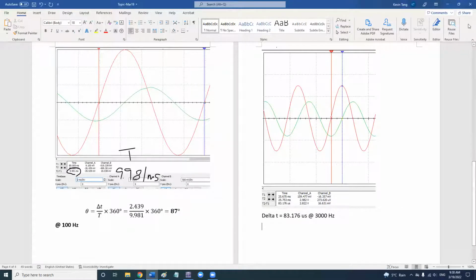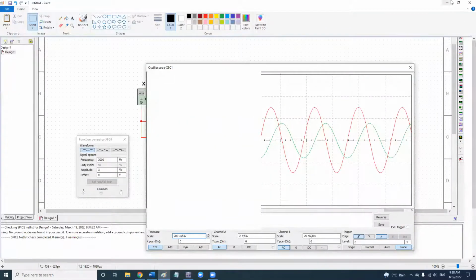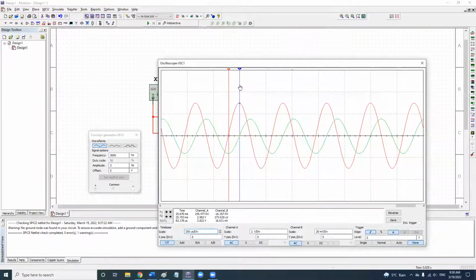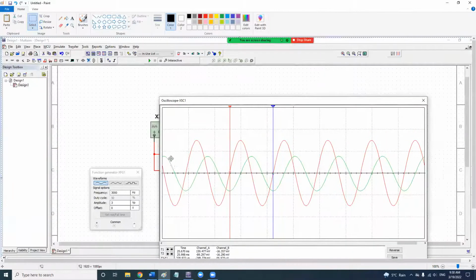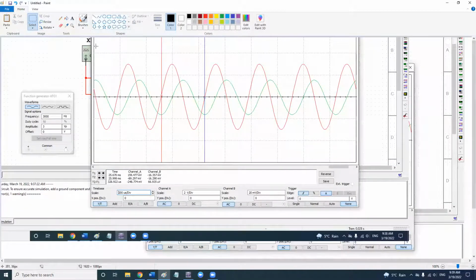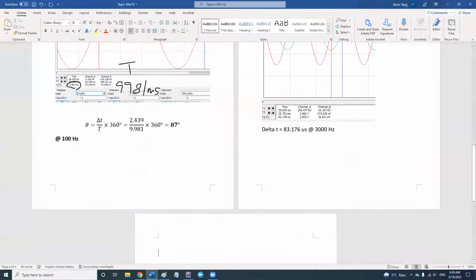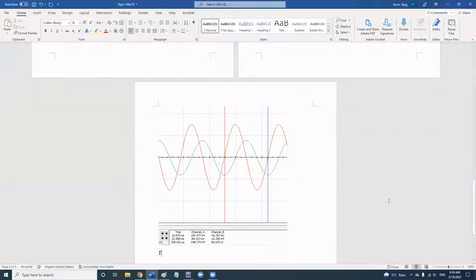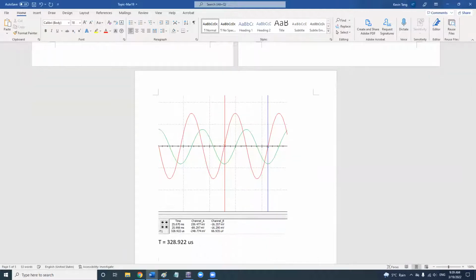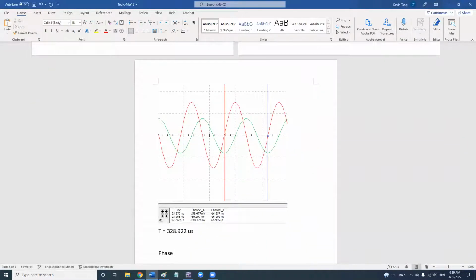And my period, obviously you don't need to use this. You can still find the period, but let's be more precise. So we got 328 for the period. So the T is equal to 328.922 µs.